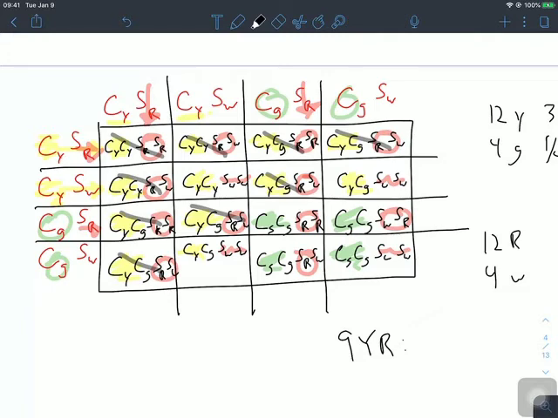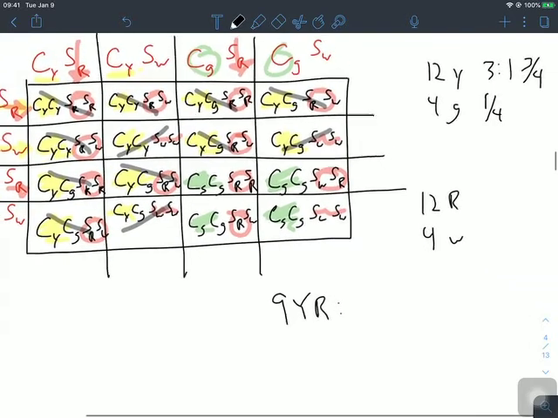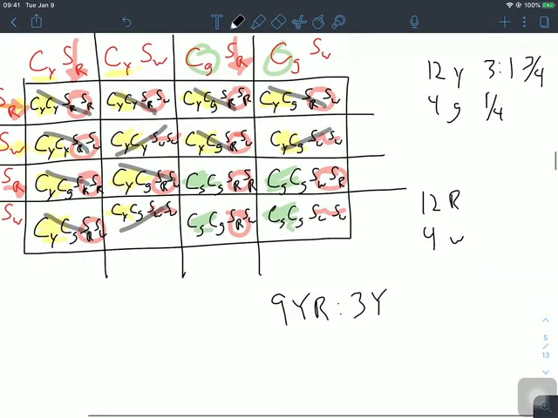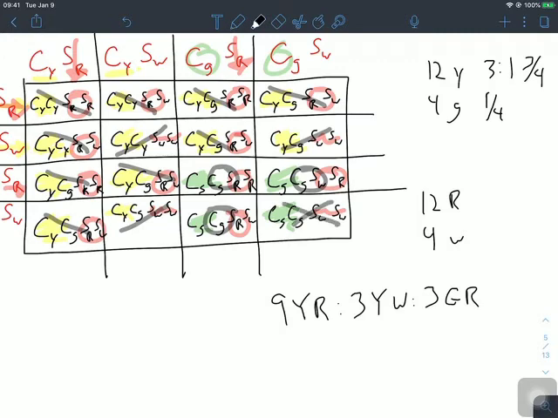How many yellow wrinkled? 1, 2, 3. 3 yellow wrinkled. How many green round? Well, green round, green round, green round. 3 green rounds. And 1 green wrinkled.